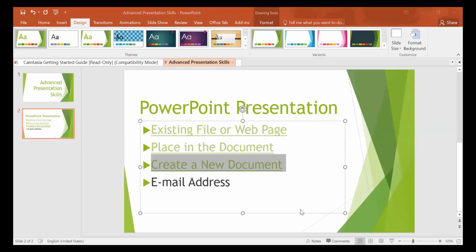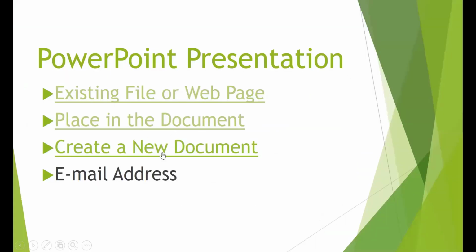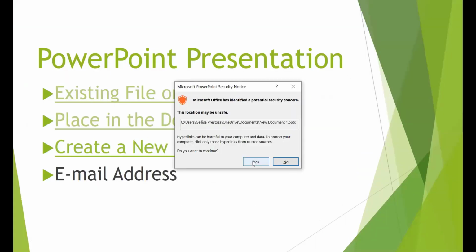As you can see, another window will appear on your screen saying another document was created. Now let's try to play a slideshow. Click this one. There. So a blank document because I selected edit later.